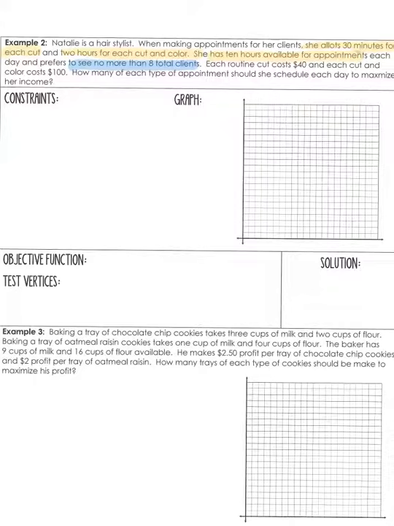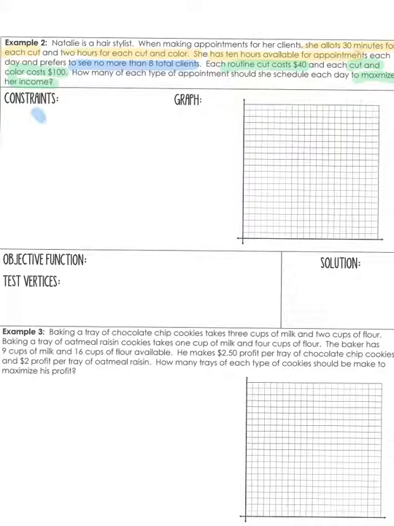So let's go back and reread. A routine cut costs $40 and a cut and color costs $100. So that must be part of maximizing her income. So a routine cut costs $40 and a cut and color costs $100, and we want to maximize her income. All right, so here we go. Hopefully you identified your variables as such.